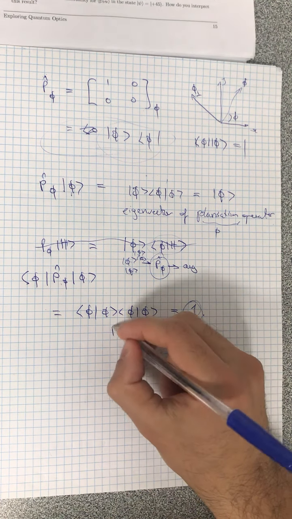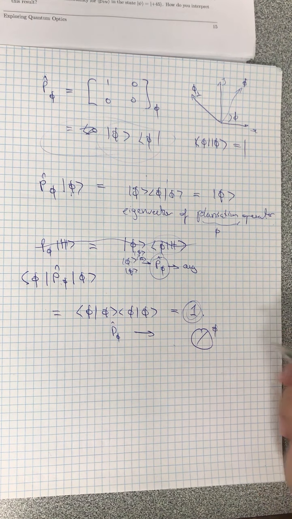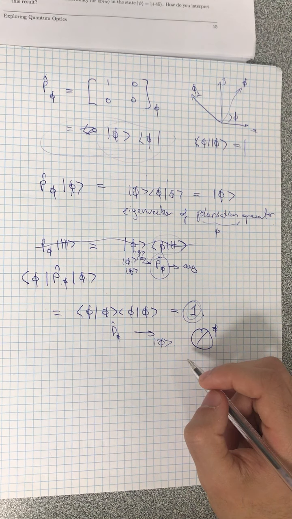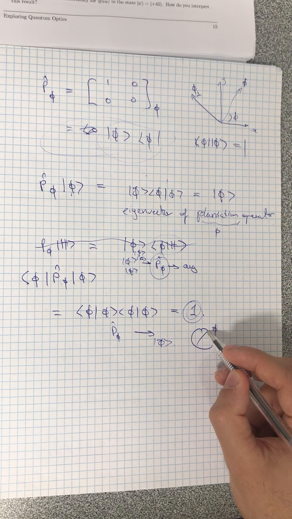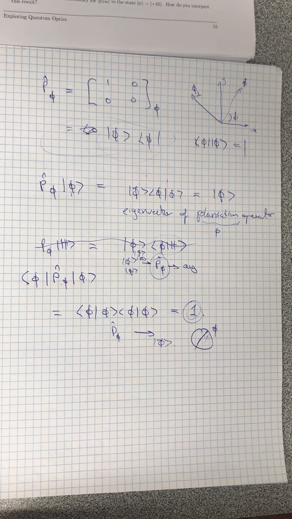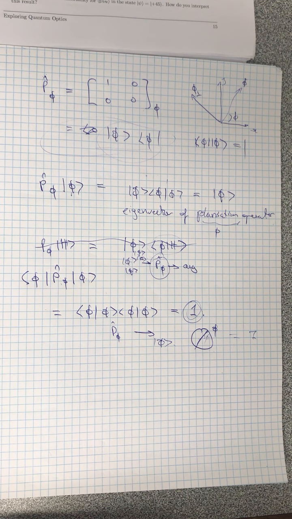So the phi operator corresponds to a polarizer at angle phi. So you're sending through all these phi polarized photons, and you set your polarizer to phi degrees, then all of them are going to come through, okay?